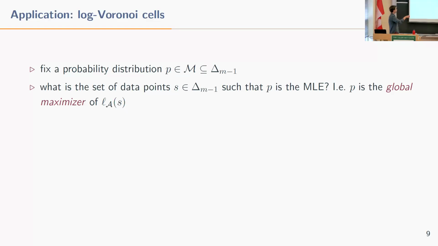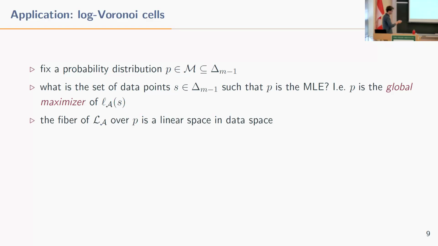Previously I've taken my data just as tuples of natural numbers, but I can rescale all the data so that it lands inside the simplex. So I might call this the data simplex and not the probability simplex anymore. So what is the set of data points such that P is the MLE for this particular data? In other words, P should be the global maximizer of the log likelihood function for this particular data S. And I'm looking for the locus inside the probability simplex where this happens.